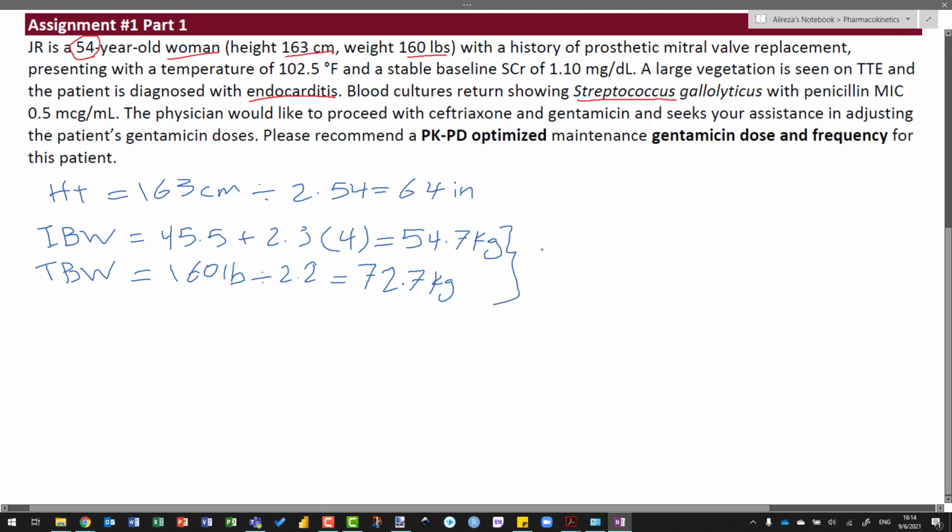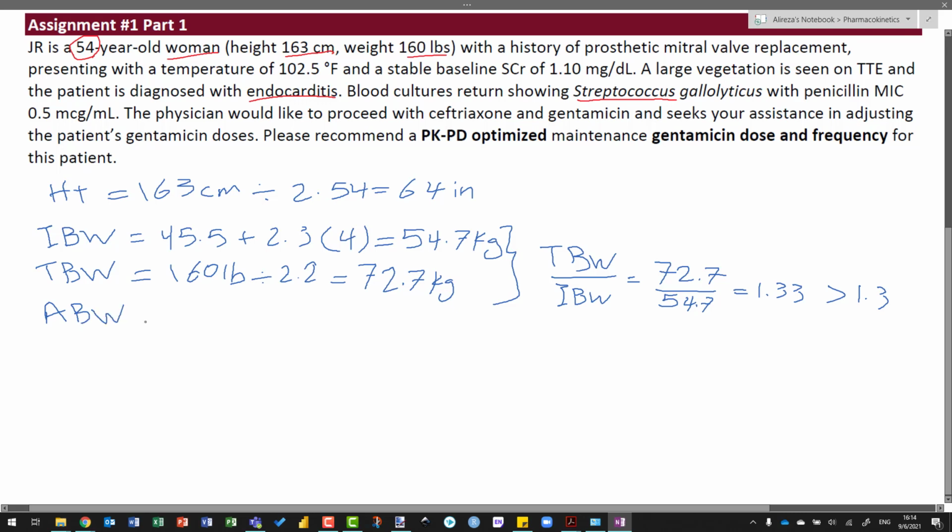The question is, is it more than 30%? So if you do a ratio of total body weight to ideal body weight, 72.7 divided by 54.7, that is 1.33, which means it's definitely more than 1.3 times ideal body weight. Because it's more than 30%, we need to use adjusted body weight to be more accurate.